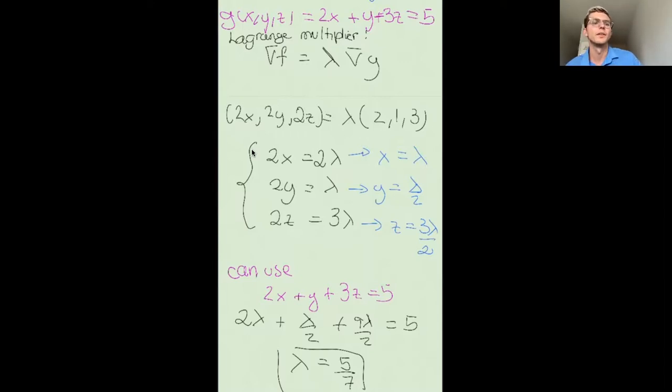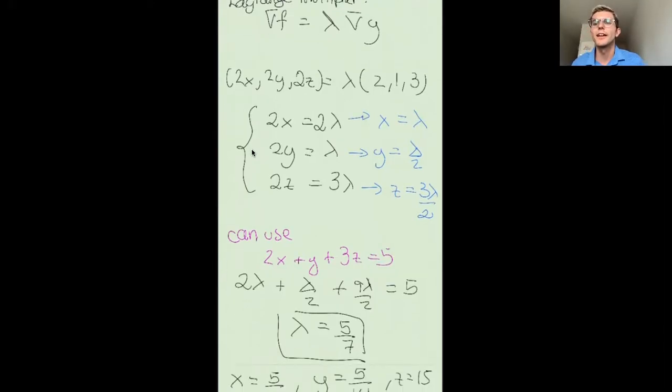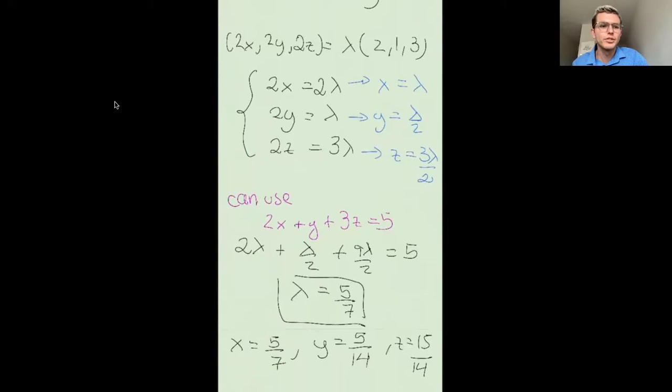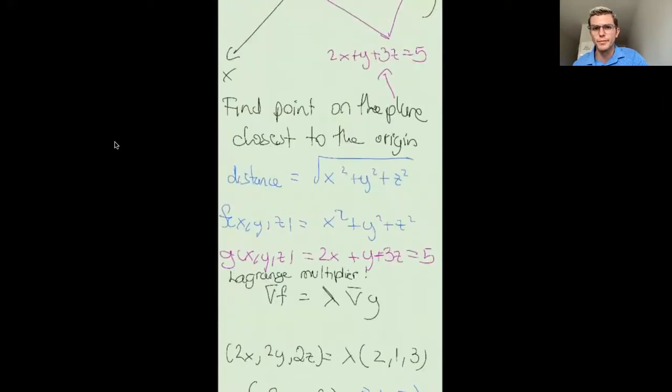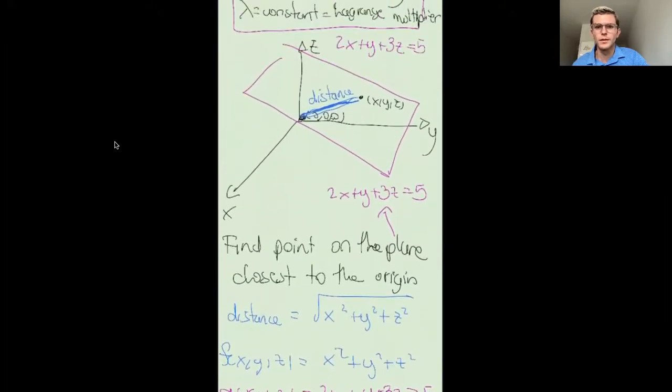I guess the question was, how do you know which one you call f and which one you call g, the function you are optimizing versus the other one? The one that gets called g is the one that's being set equal to a number in the problem. Here, this one was being set equal to a particular value, so that's the g.